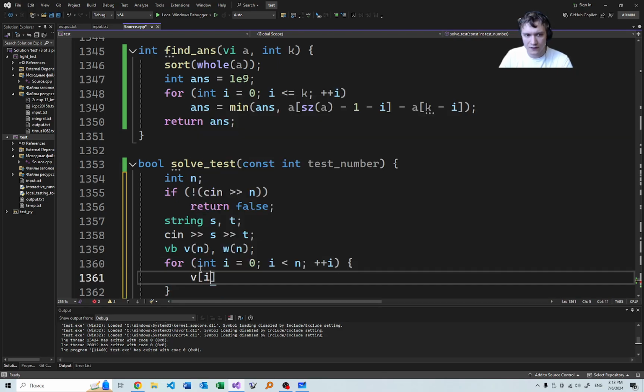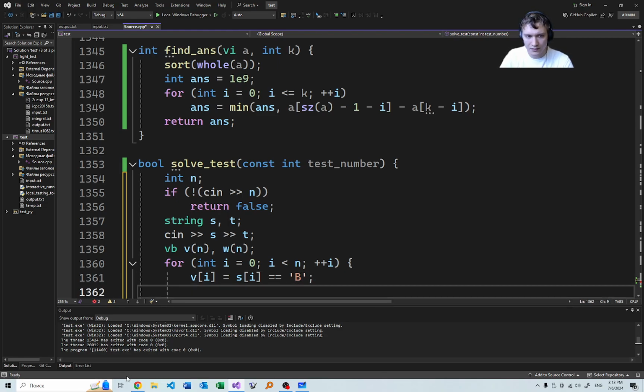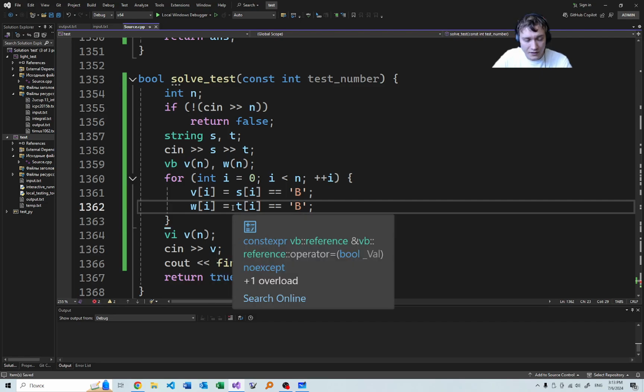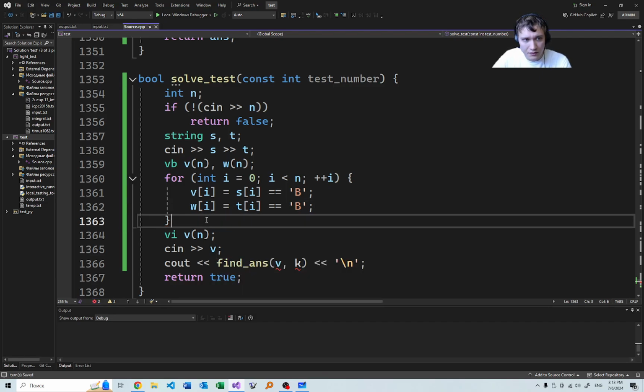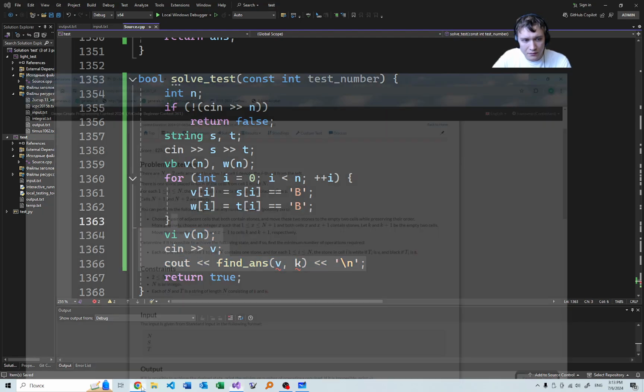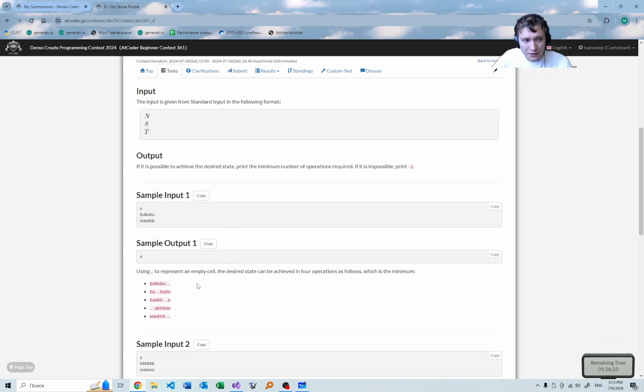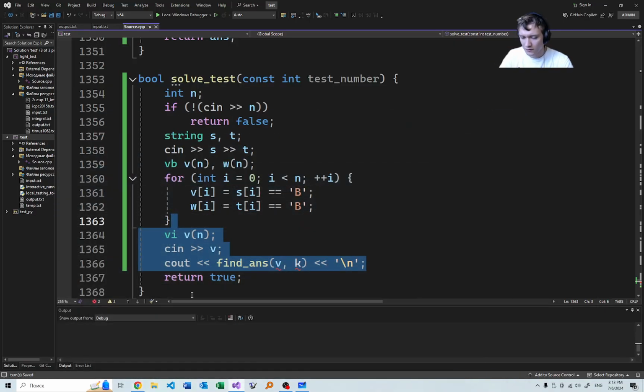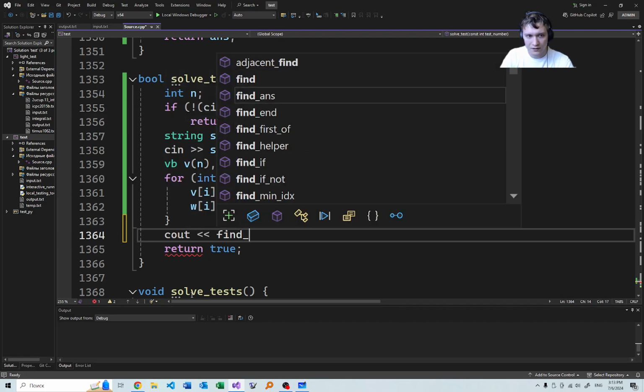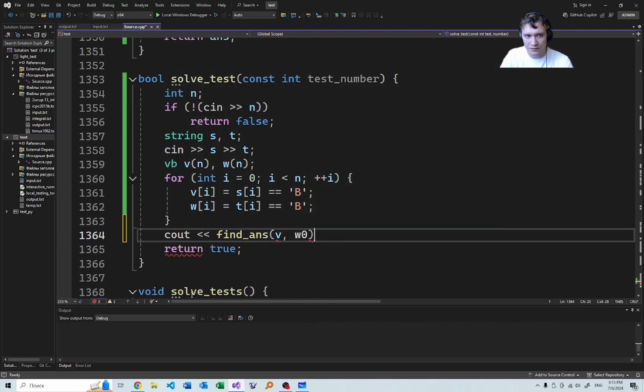So we say that vi is si equals, for example, black, and wi is ti equals black. Okay. And then we need to return the minimum number of actions. So find the answer of v and w.